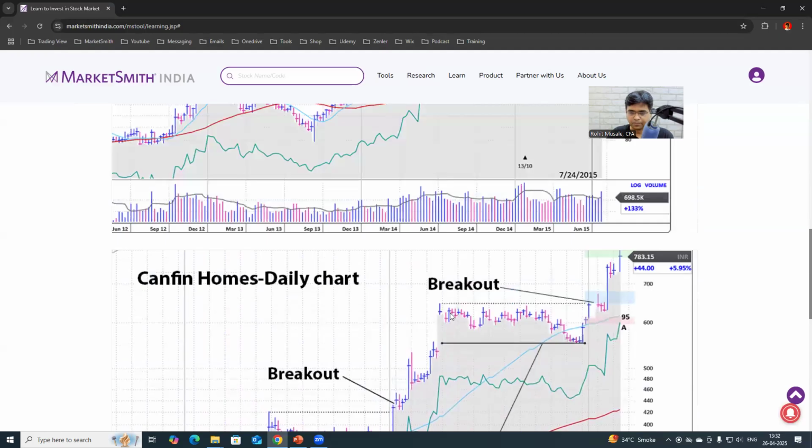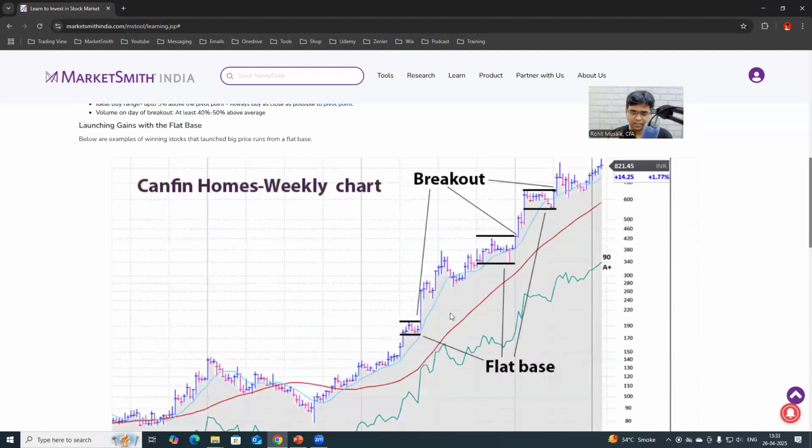So the three most common patterns are cup with handle, double bottom, flat base. Majority of the trades that you take on positional weekly time frame charts will come under one of these three categories. Cup with handle, cup without handle, double bottom, flat base.